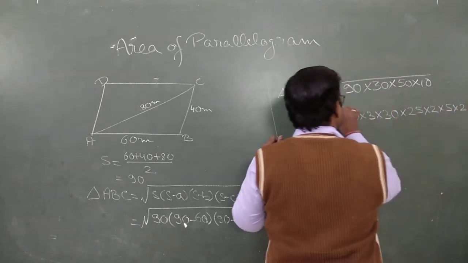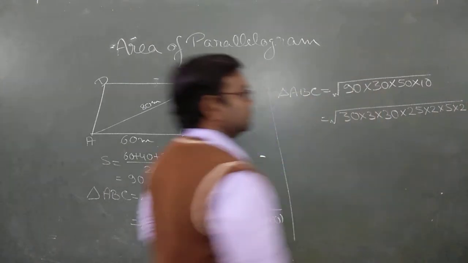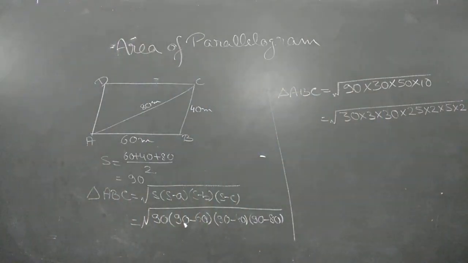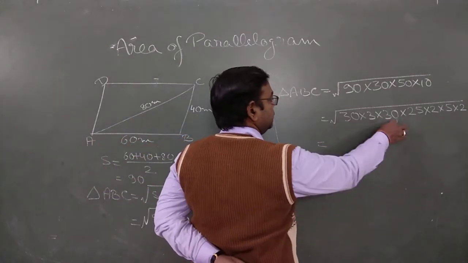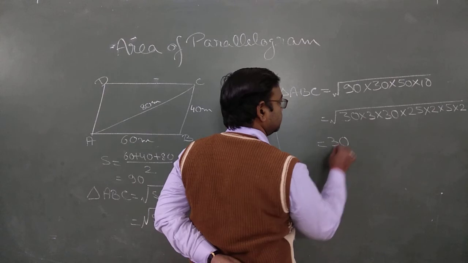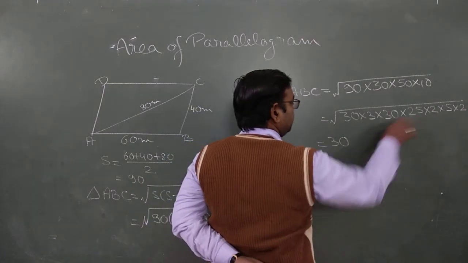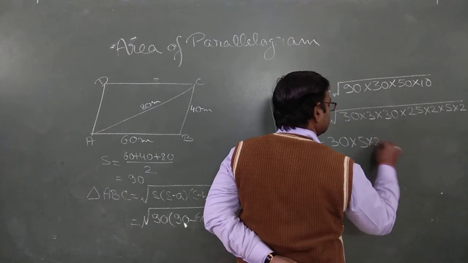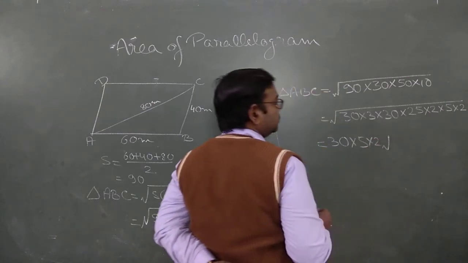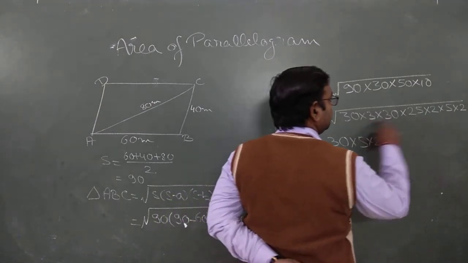This is for 10. Hope this is visible to you. Let me check. Yes, it just touches the boundary. Now from this we can easily remove 30 outside the square root. Out from 25 we can remove 5 and then these 2. Under root, what do we have? We have left 3 and 5.